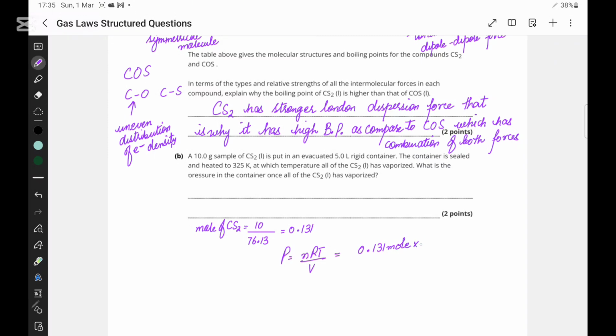The value of R is 0.08206 liter atm per mole per Kelvin. The temperature here is going to be 325 Kelvin, and at the bottom we are going to put the volume, which is 5 liter. So the pressure comes out to be 0.70 atm.